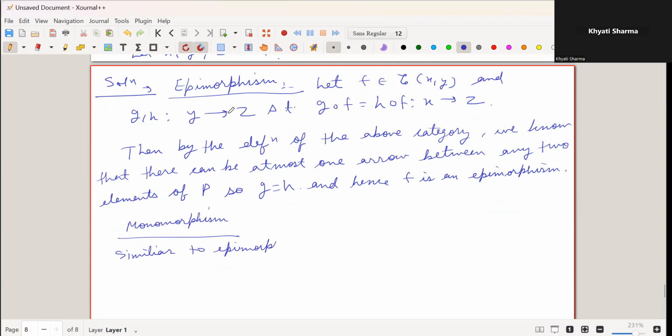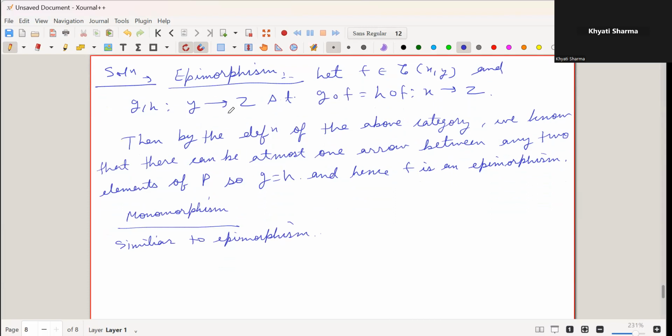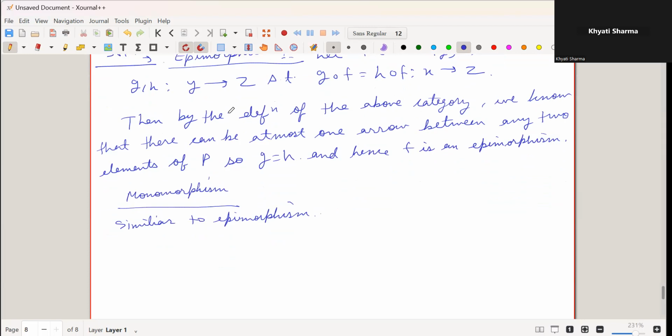When you come to it, it will be F composed with G same as F composed with H, and then you have to show that G is equal to H, but there is a single possibility for G and H, so they have to be the same.